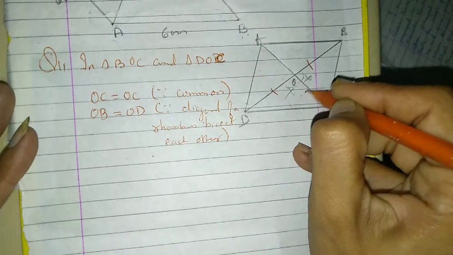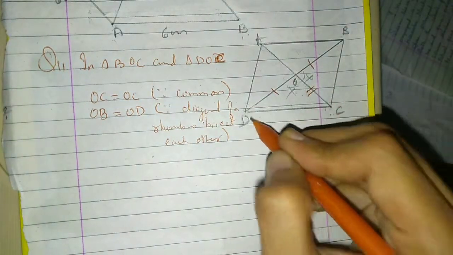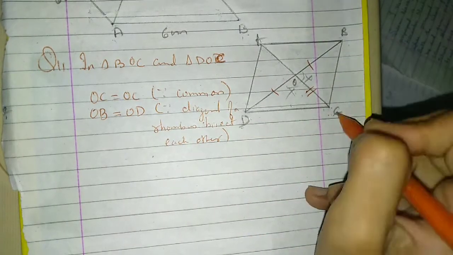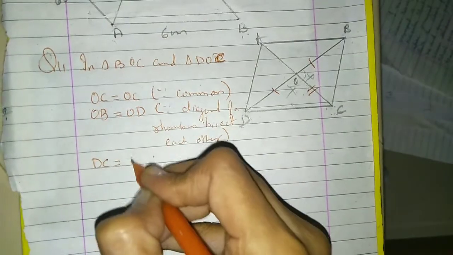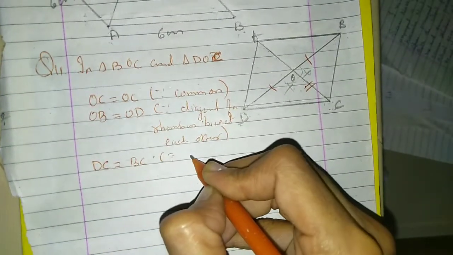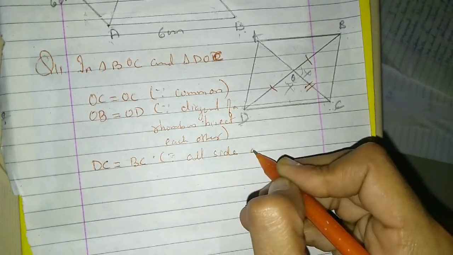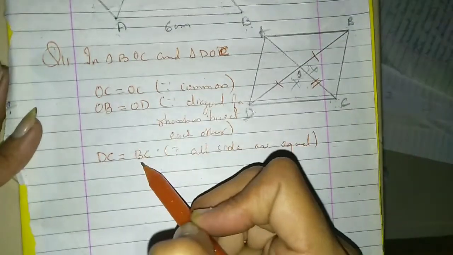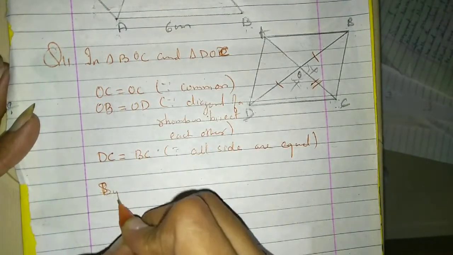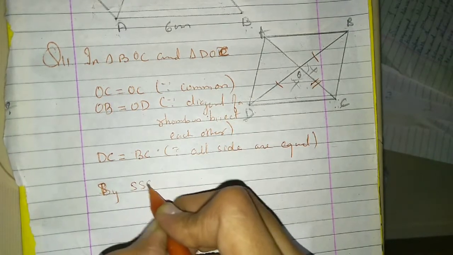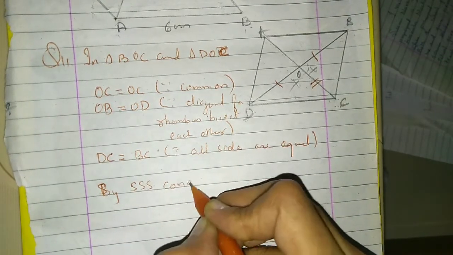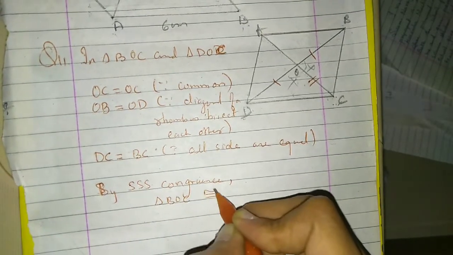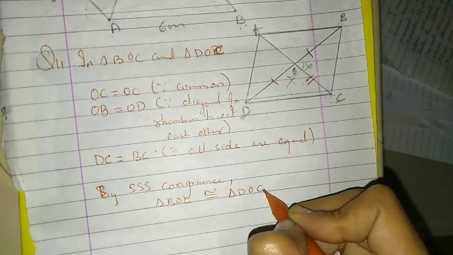And DC equal to BC. Why? All sides are equal in a rhombus. So three reasons: side, side and side. So by SSS congruence, triangle BOC is congruent to triangle DOC.